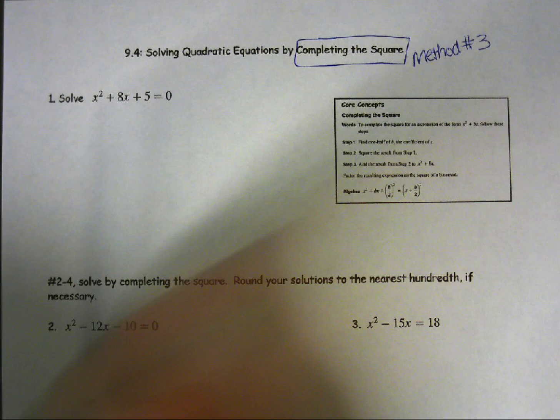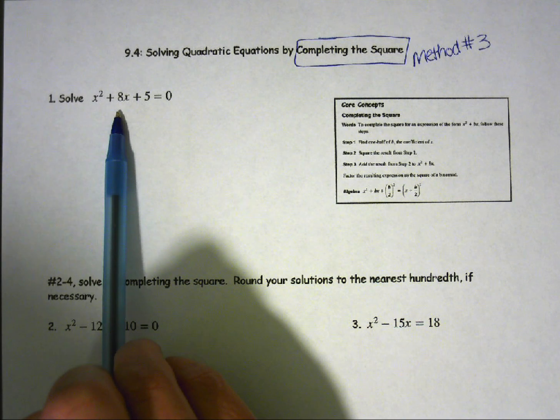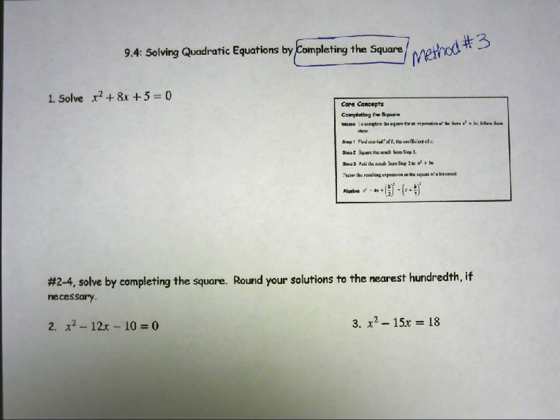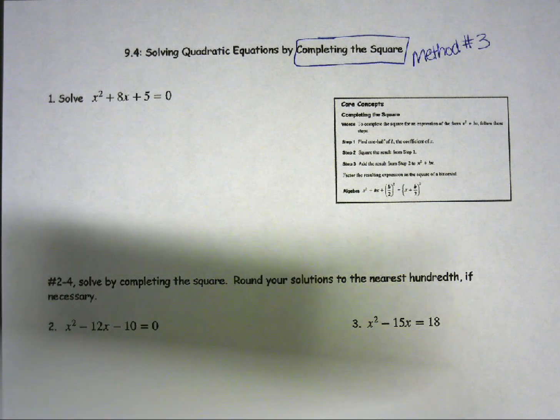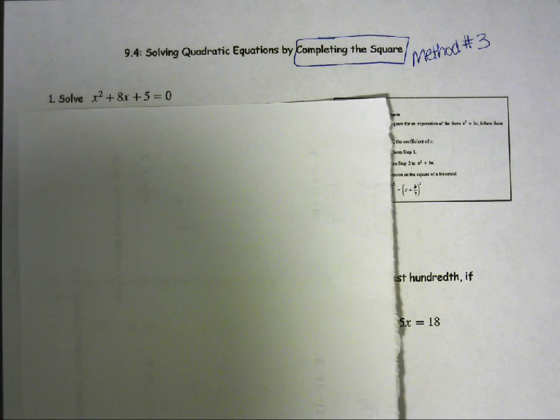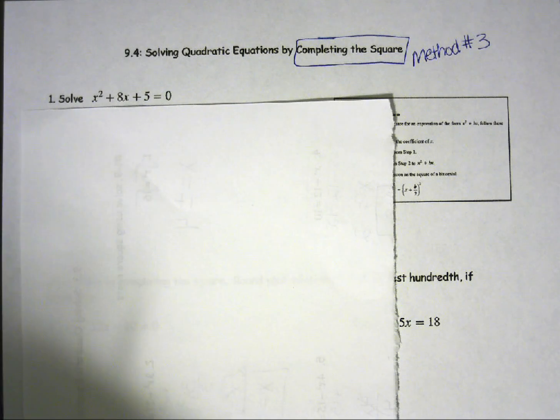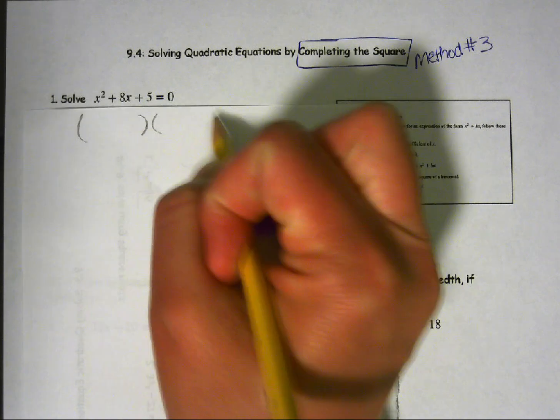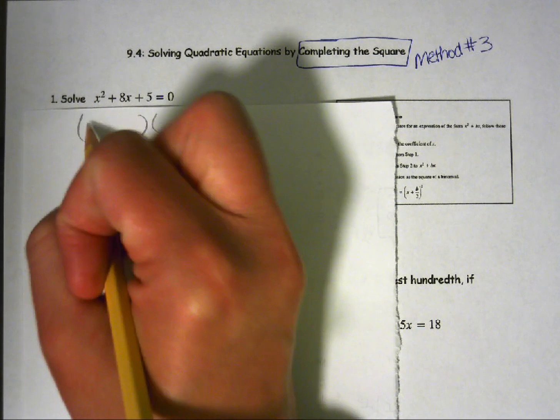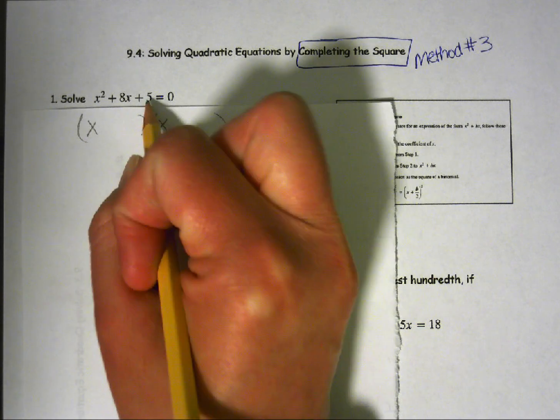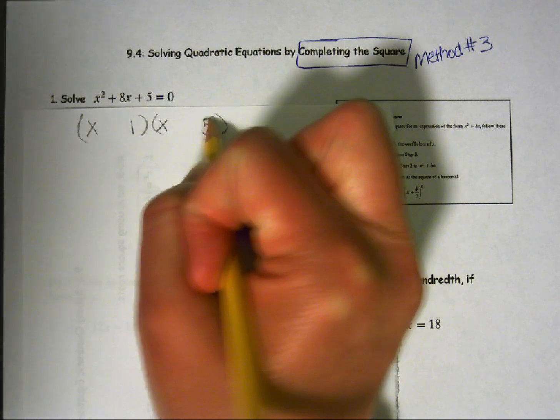So if we take a look at number 1, this is a really good example of why we need this, okay? If we were going to try to solve this, and I'm just using an extra piece of paper here to show you the need, if we were to try to factor this first problem, we know it would be x times x, and since 5 is prime, we'd only have the one option.